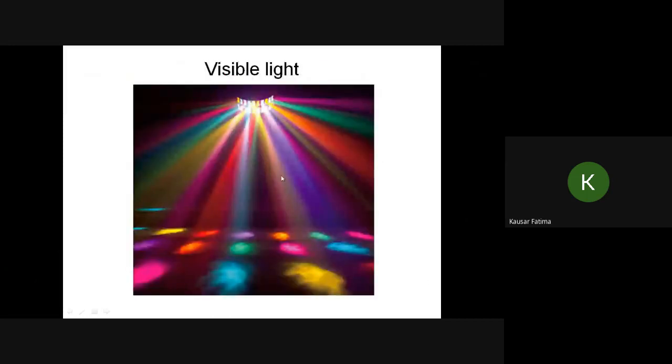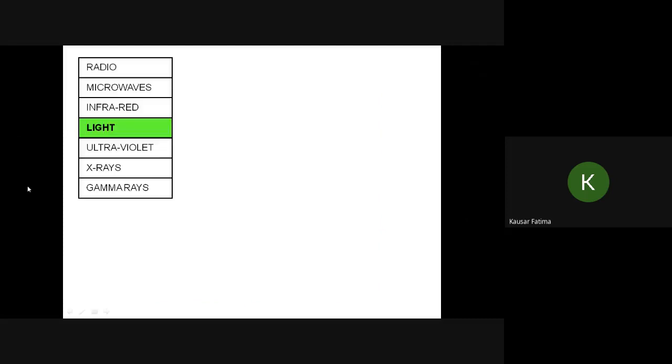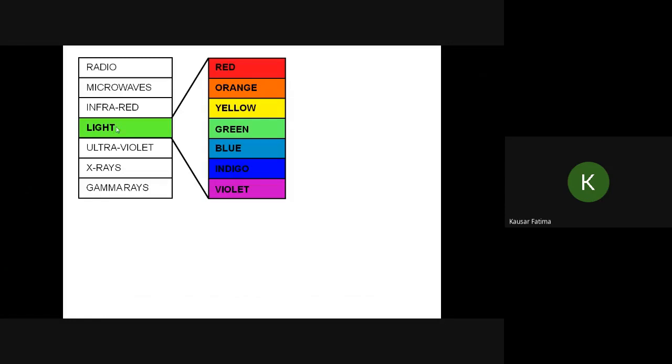Visible light. You can see the number of colors which are component colors of the visible light. Light has 7 colors. You know it as VIBGYOR: violet, indigo, blue, green, yellow, orange, red. So you can remember the order of increasing frequency going from red to violet, and the order of decreasing frequency when we go from violet to red.